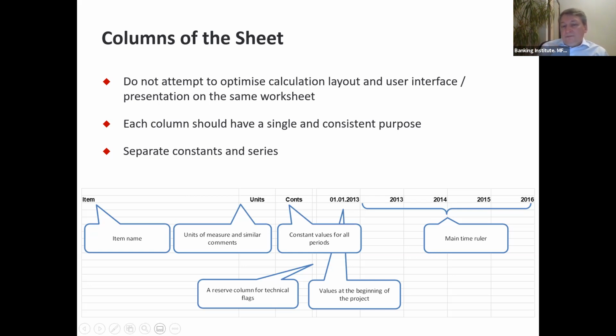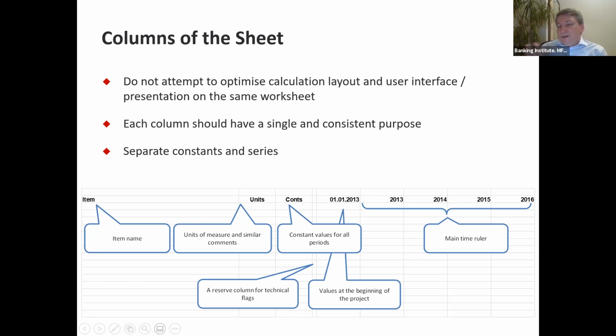In real life, when you work with models, sometimes there will be some lines with unusual units, and it's important to show that. So it's important to have this column to describe all the units.